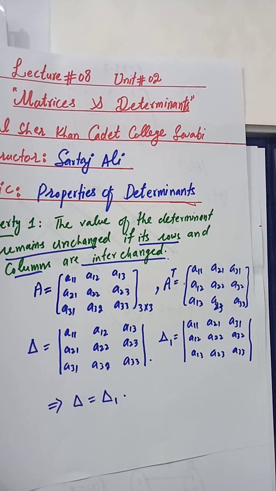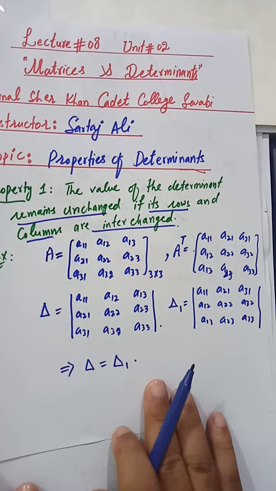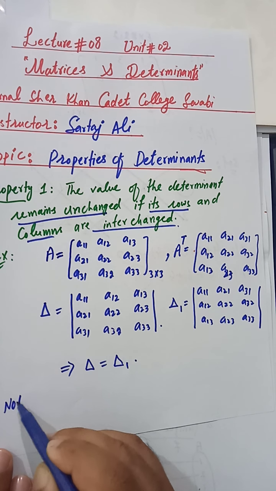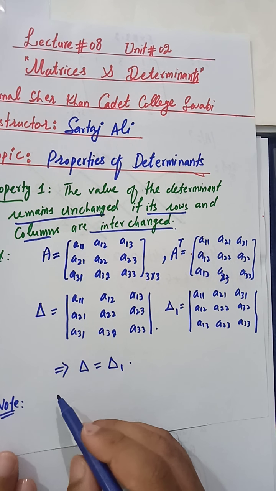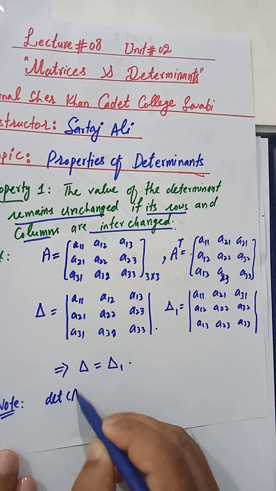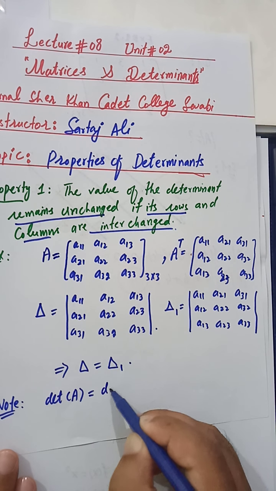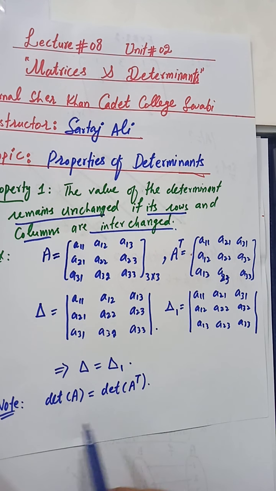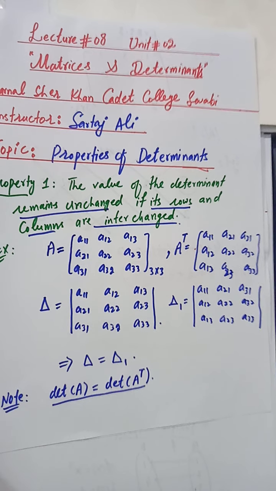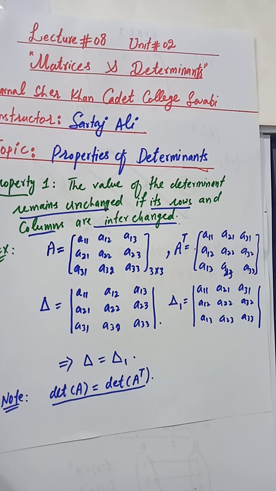From here we conclude that the determinant of a matrix and its transpose will always be equal. The determinant of matrix A will be equal to the determinant of its transpose. This is an important point that must be kept in mind while finding determinants.